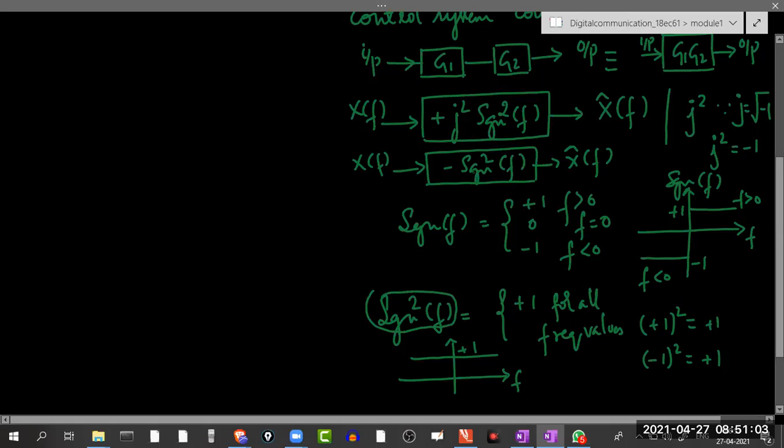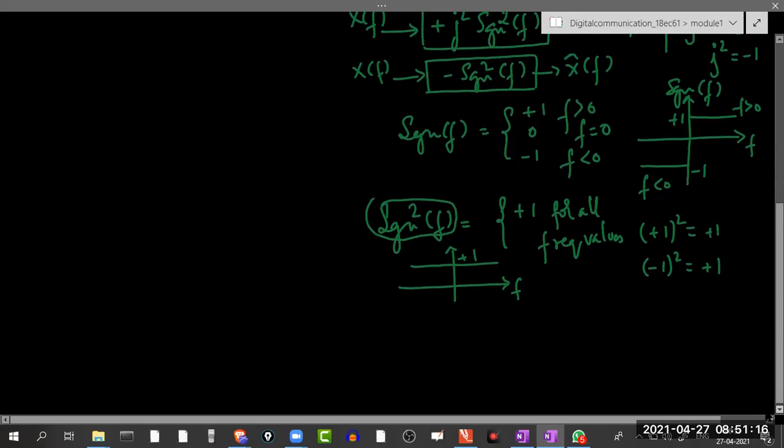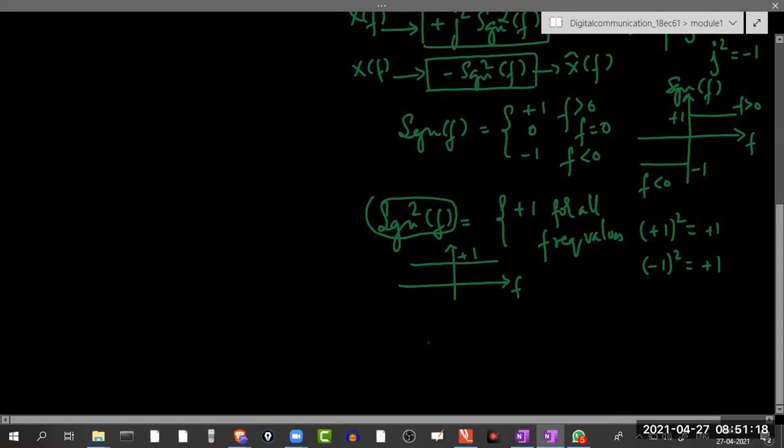So can I replace this signum squared function with its magnitude value? Because all we are right now interested in is its magnitude value. So we can replace this signum squared with just minus, what is the signum squared amplitude value? +1.